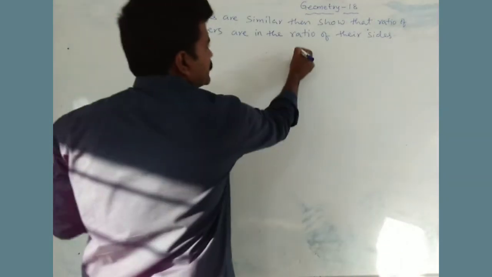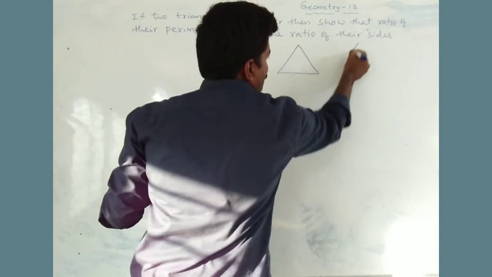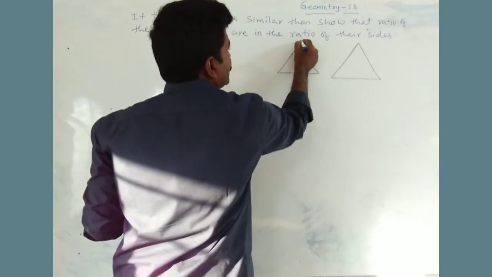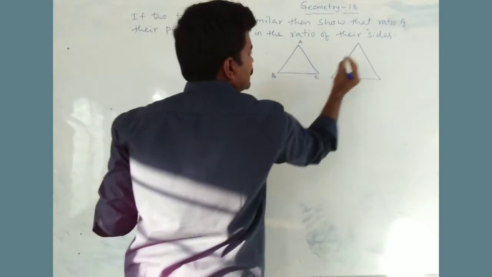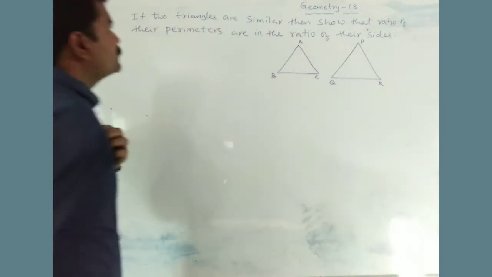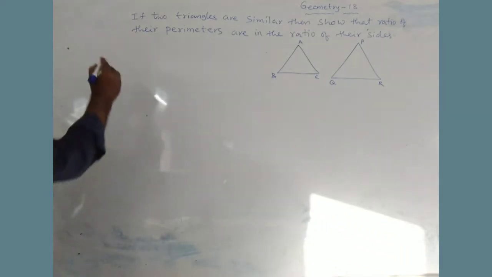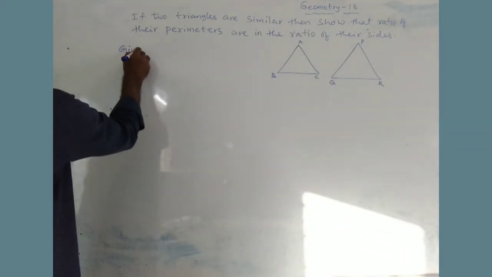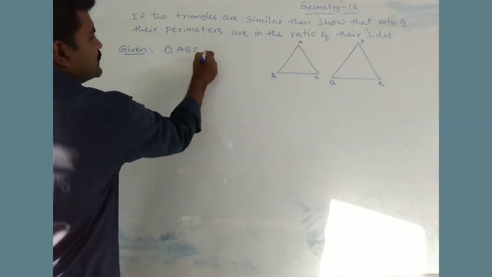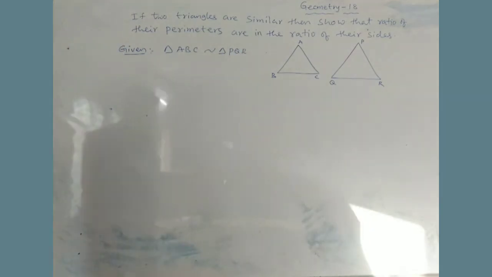So talking about two similar triangles, let us consider that, suppose, ABC and PQR are two similar triangles. So note down first of all, given that triangle ABC is similar to triangle PQR.